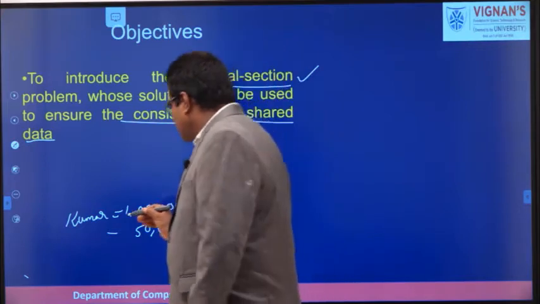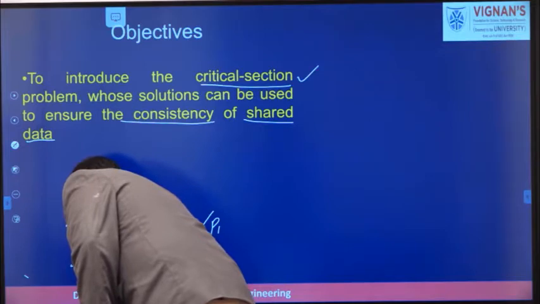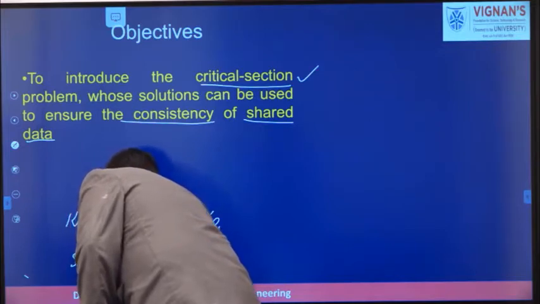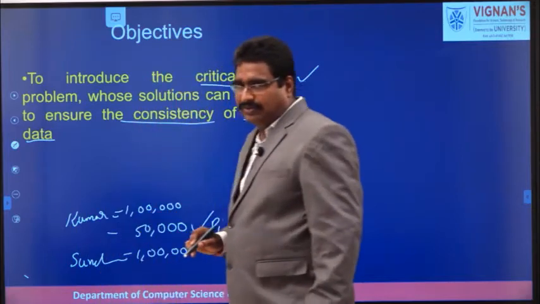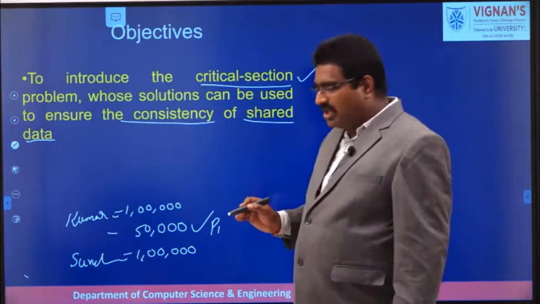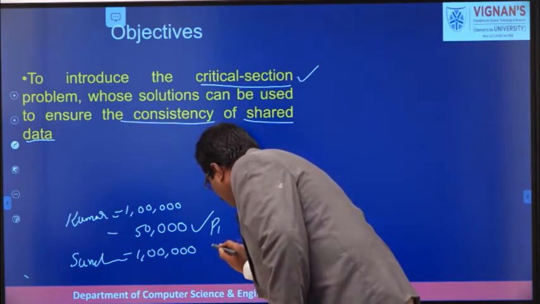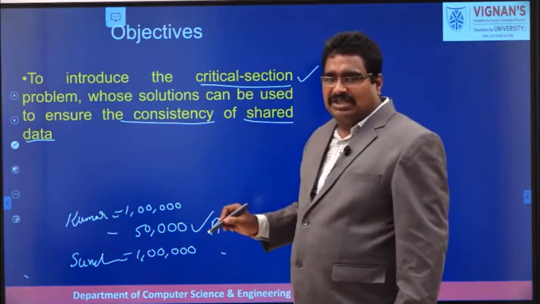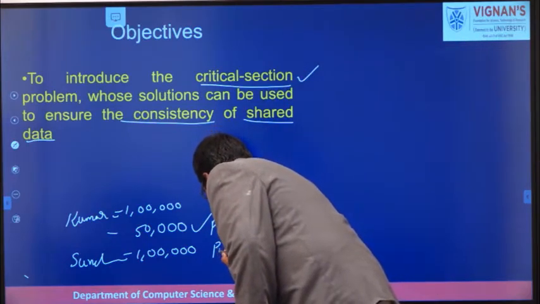Next, Sunil is Kumar's friend, and he wants to transfer 1 lakh rupees from Sunil's account to Kumar's account. This is also a set of instructions, which we assume is process P2.